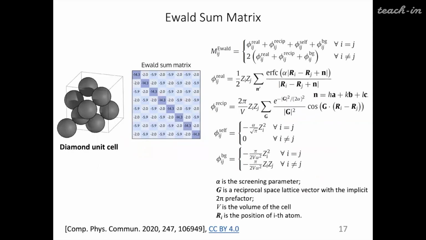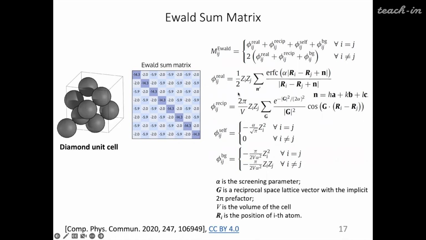A known remedy for this is to use the Ewald technique. So we can compute an Ewald sum matrix in which the so-called real part of electrostatic interaction is combined with the background part.